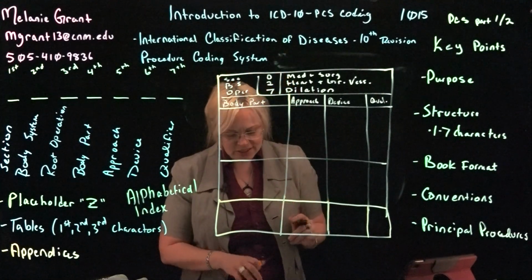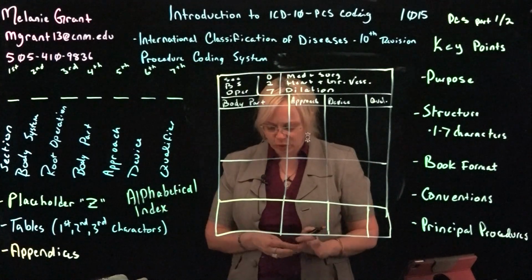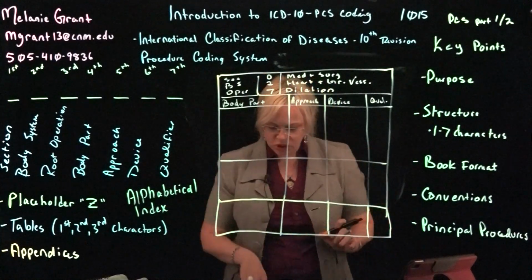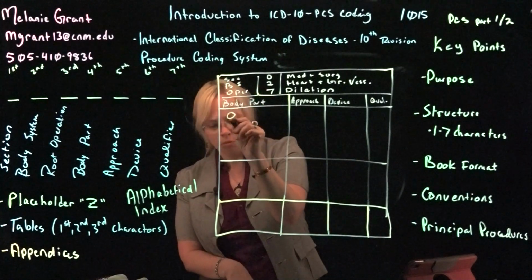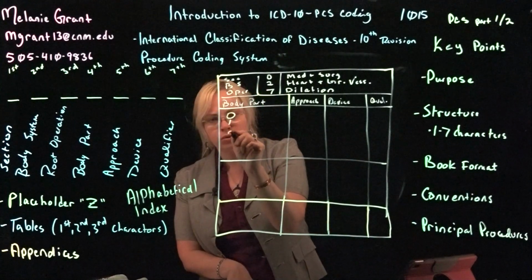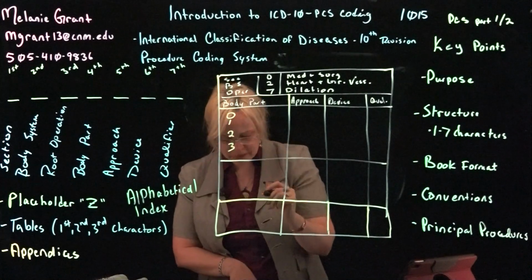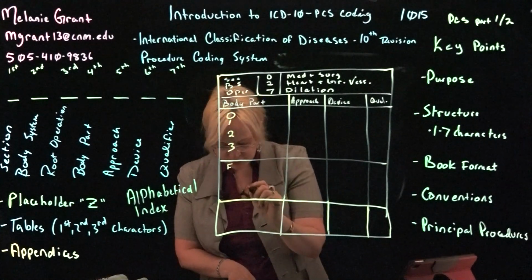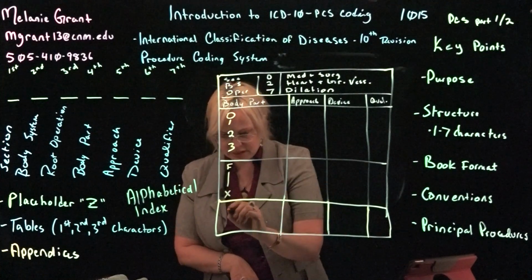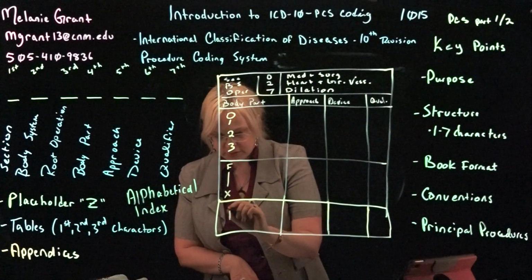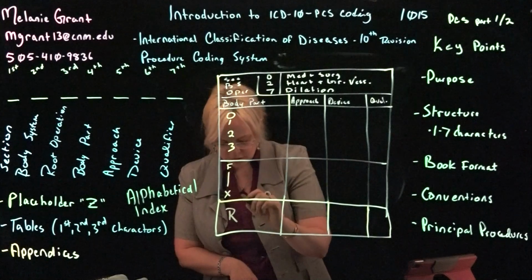So I'm not going to write this entire table because you should be looking on here with me, but I want to show you why this is so important. So you have 0, 1, 2, and 3, F through X, and R. Okay.